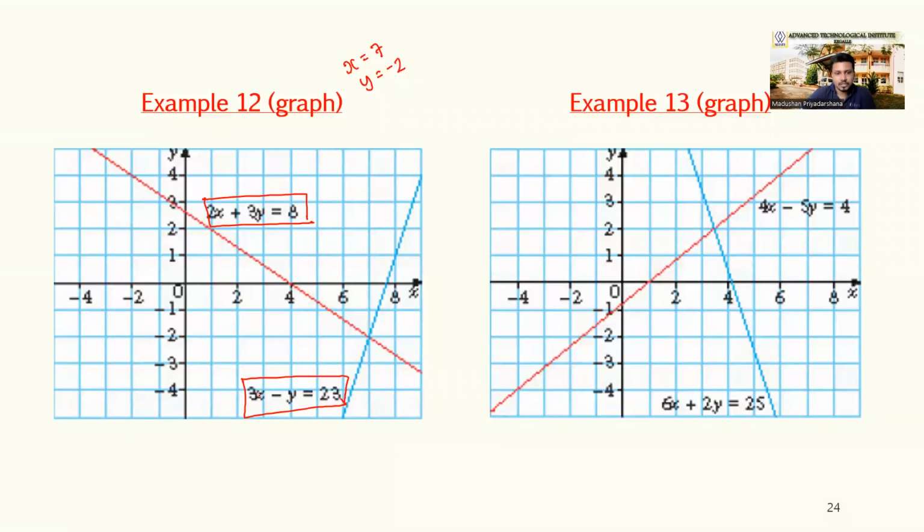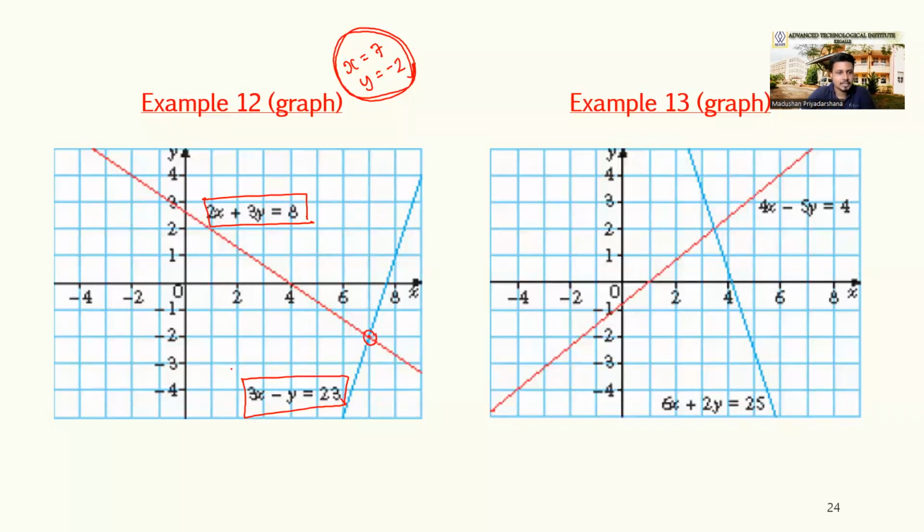If we graph 3x minus y equals 23, we will get a graph like this, which is represented in blue color. And by solving the simultaneous equations, we got these values for x and y.